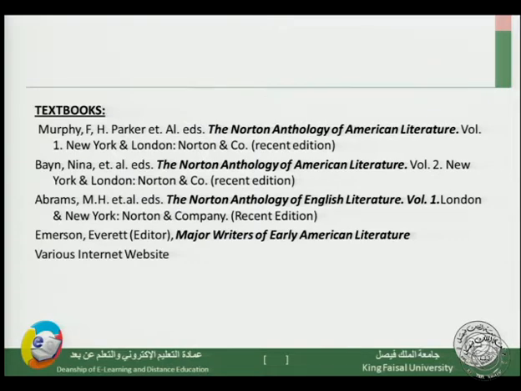So this is also another reference to refer to, especially when we talk about British English literature, but still it's of much use for you even in studying American literature. The fourth one is a book called Major Writers of Early American Literature. It's also a nice book by Emerson Everett, and it's this book.